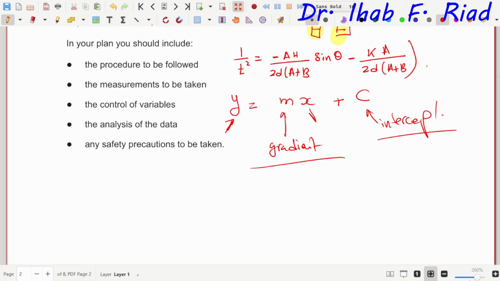Now, if we make a plot of 1 over t squared against sine theta on the x-axis, we should get a straight line. This straight line has a slope of minus ah over 2d(a plus b), and an intercept of minus k divided by 2d(a plus b).